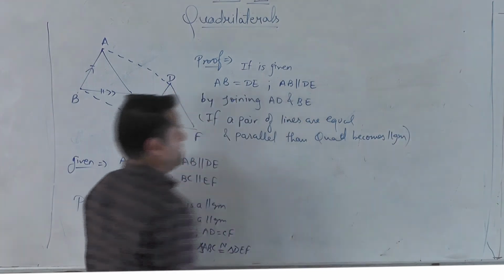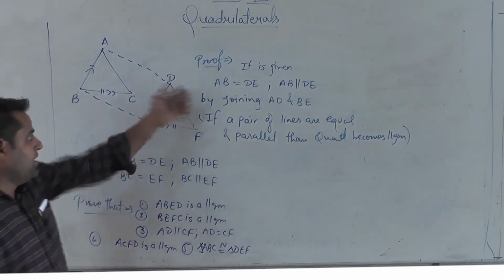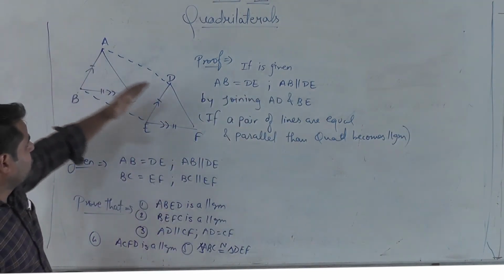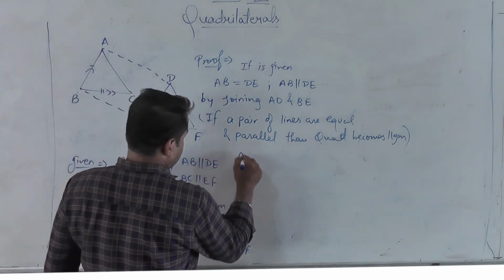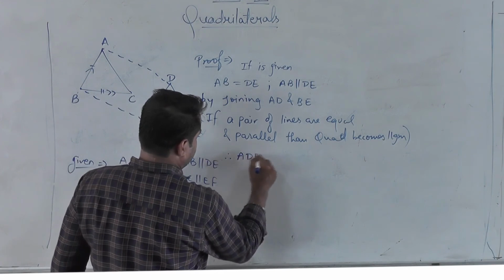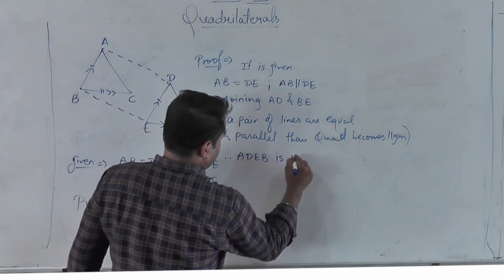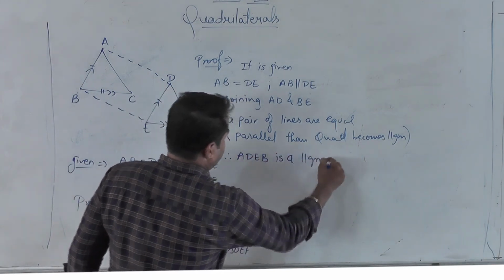This is the property you can see in the example. So these two sides are equal and parallel, therefore ABED is a parallelogram.